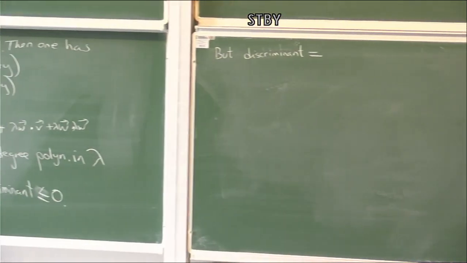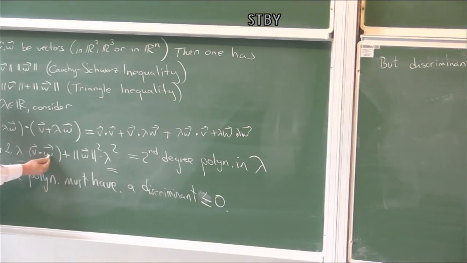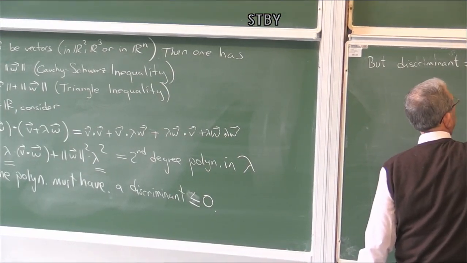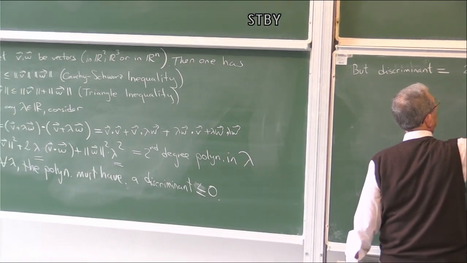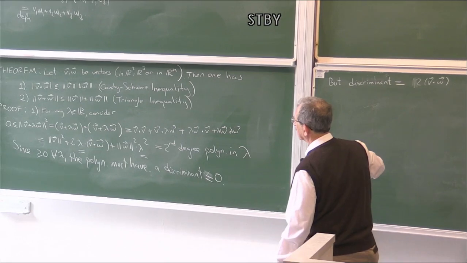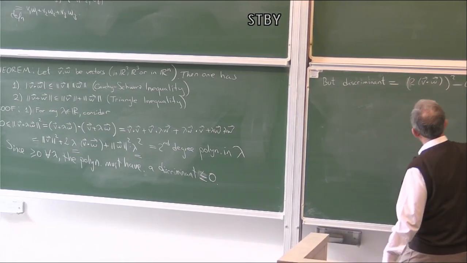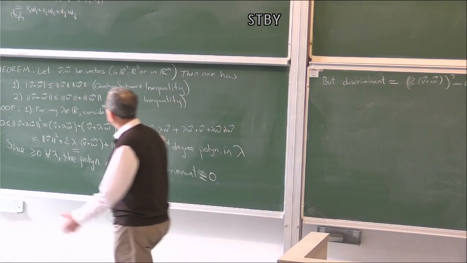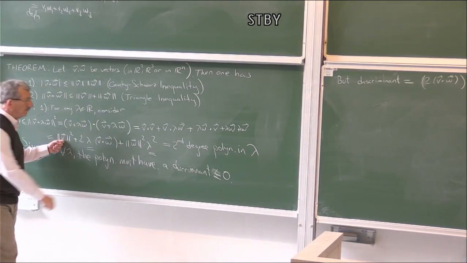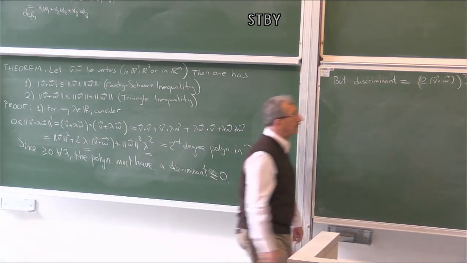So we have b squared, that is 2 times v dot w, squared. Well, just squared is enough. b squared minus 4 times a times c, where a is the norm of W squared, c is the norm of V squared.